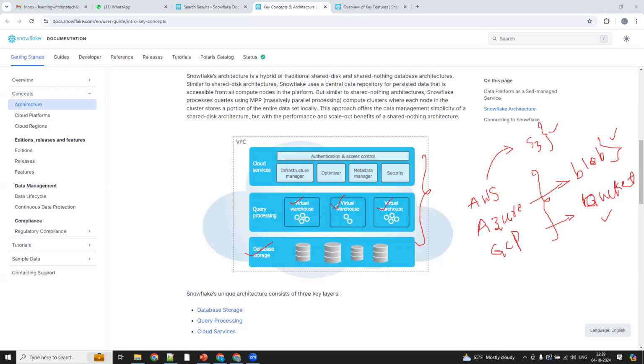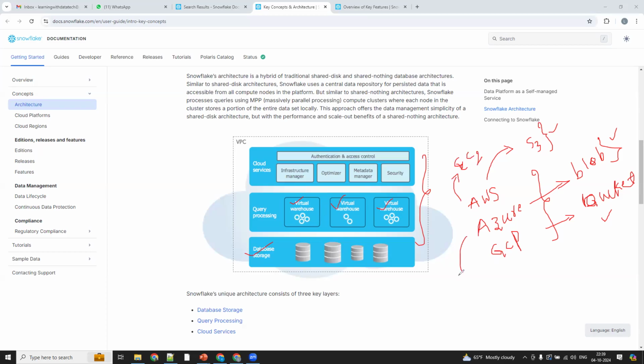For getting this compute power also, they are depending again on clouds. Indirectly, when you create a cluster to execute your query, they are creating a virtual machine. In AWS, we call it EC2 nodes.